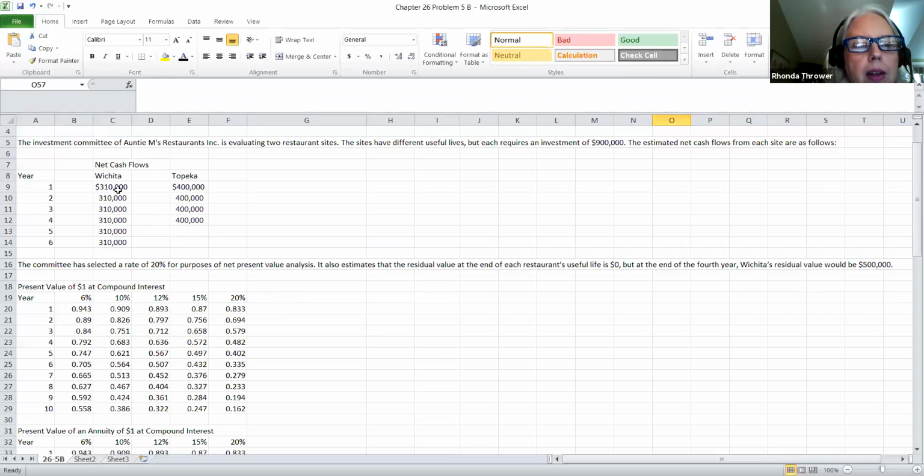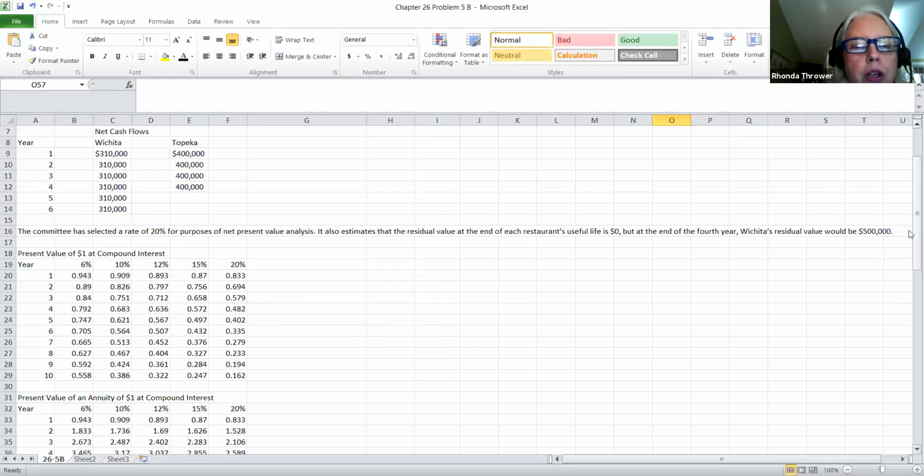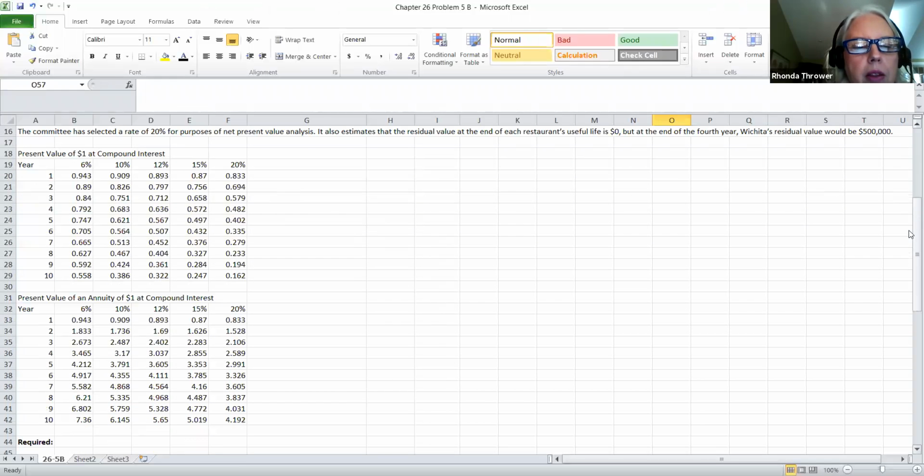So since Wichita, we're going to start with that first, has cash flows expected of $310,000 for 6 whole years. That's going to be the life of this asset. When we are using the present value of the annuity table, the only thing we have to know is what the rate is going to be that management is wanting us to use.